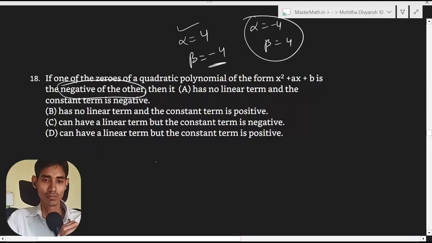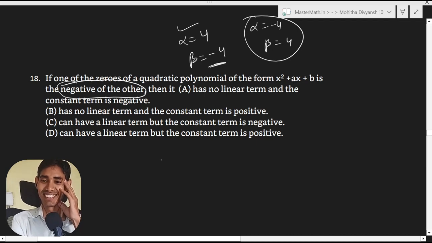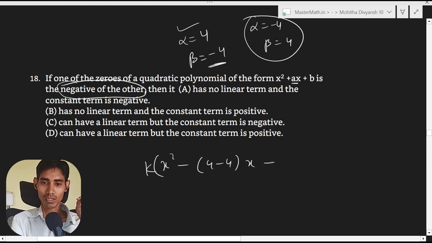You're saying this A is 0. Yes, sir. Okay. So k into x square minus 4 minus 4 times x minus of 4 into 4. So k is 1. Okay. 1 into x square 0 minus 16.